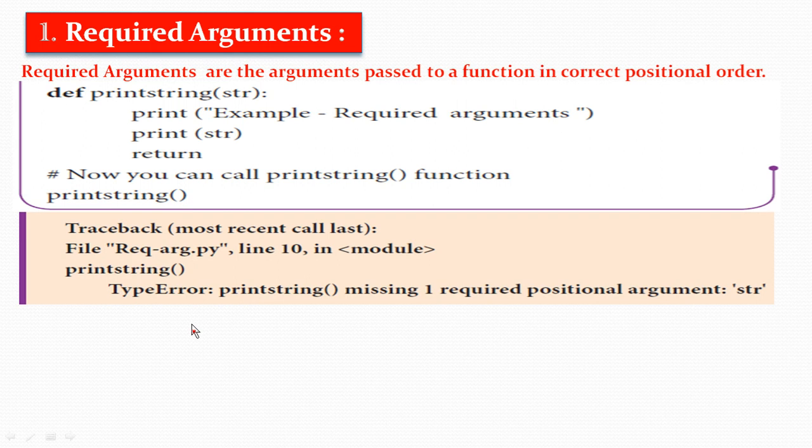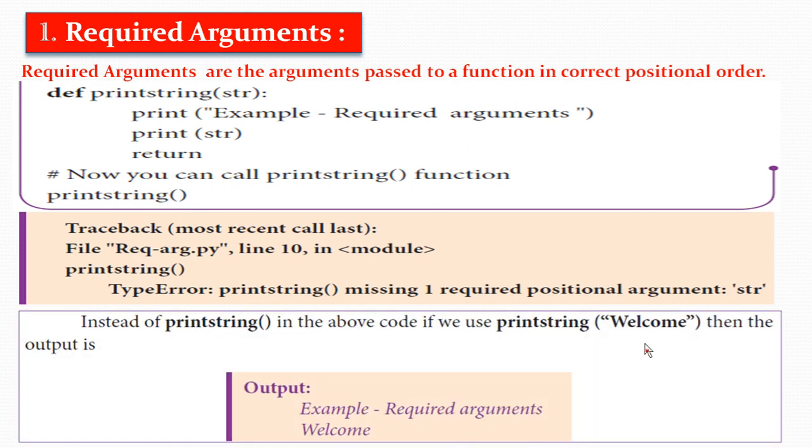When we give the value welcome, that is, instead of print string in the above code we use print string welcome, then the output is given as: example required arguments welcome. The type error is rectified by this statement: print string within brackets, within double quotes we type the text as welcome.